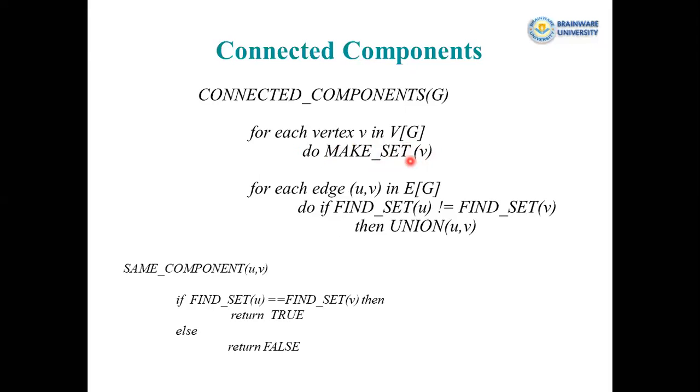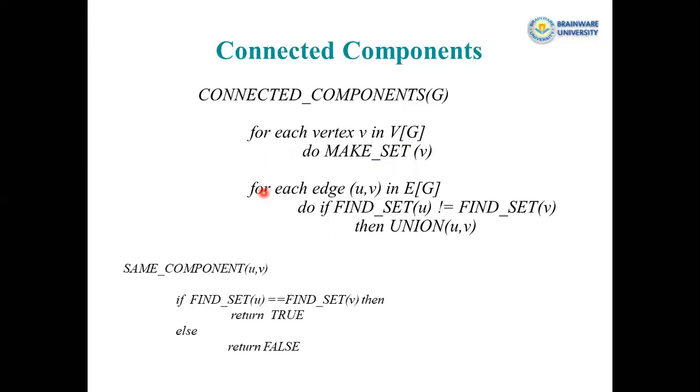For these vertices we call the make set function, and that means we create a set for each of the vertices. So if the vertex small v belongs to the vertex set of the given graph, then we apply the make set operation, and using the make set function, we create a set for each of the vertices.